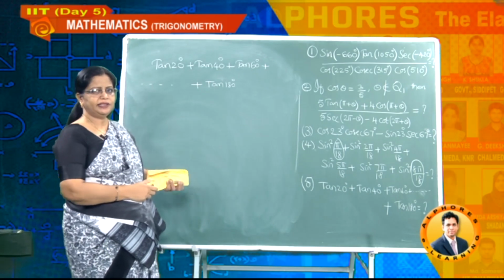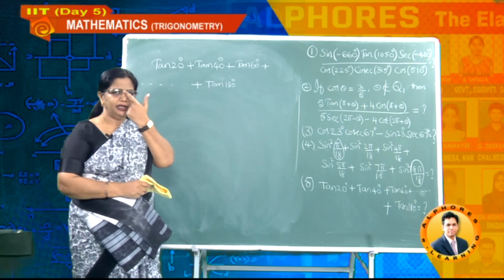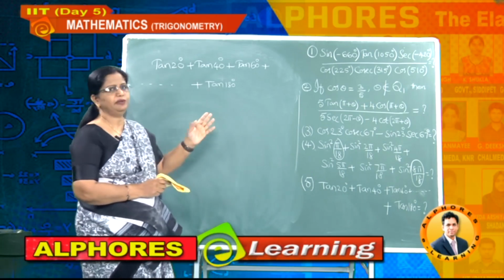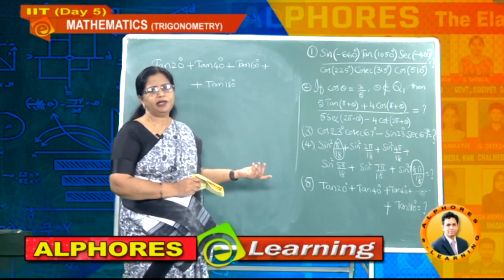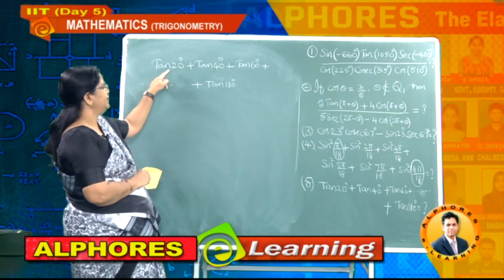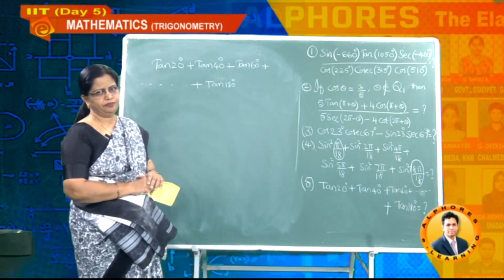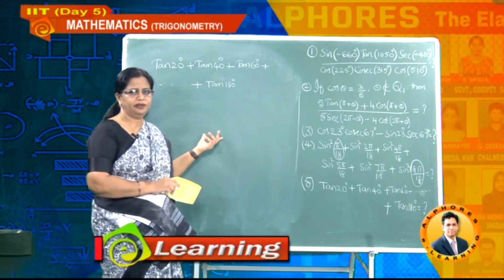So just now I said, whenever more number of terms are given in any problem, we have to search for combinations of any known values, whether supplementary angles or complementary angles. Now just now I said first term and last term: 20 here, 180 here. What is the sum? 200, understand.